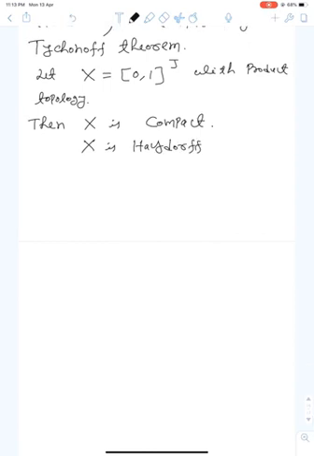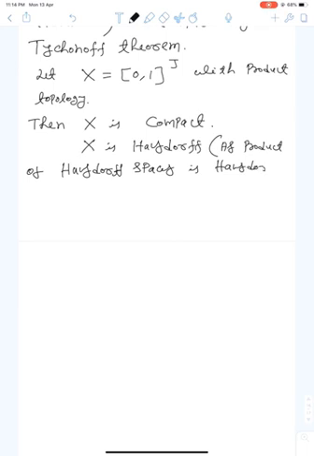We have seen that any arbitrary product of Hausdorff spaces is Hausdorff. So we have proved that, right?